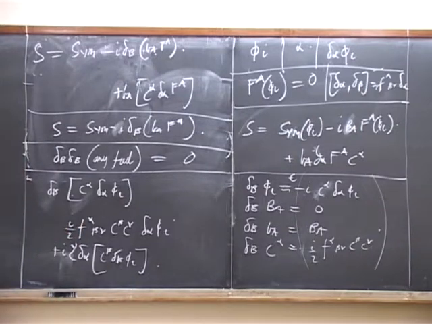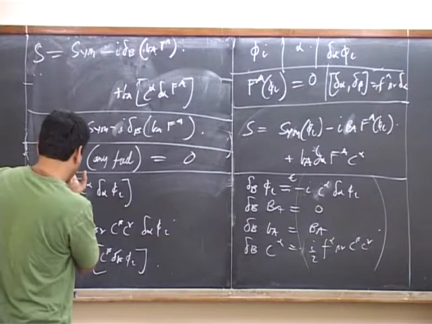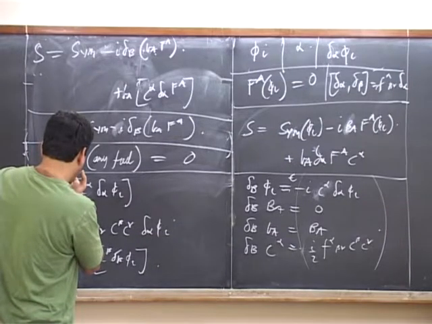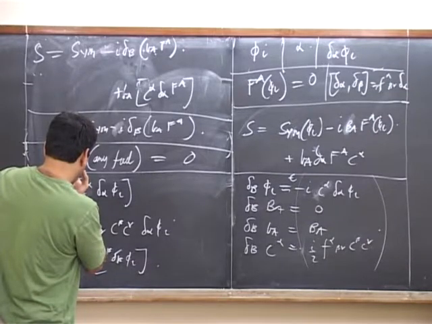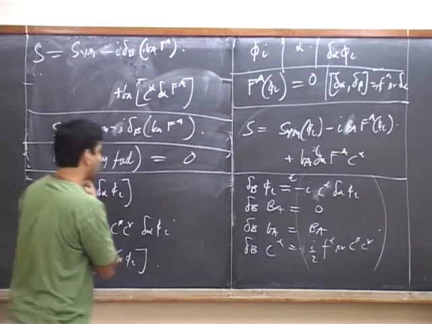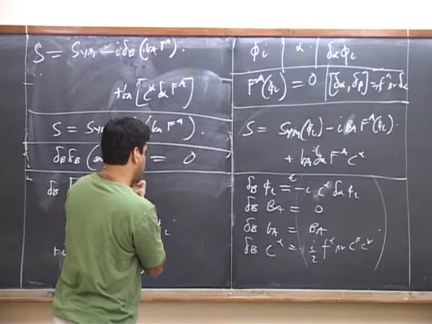Just let me take a look at that. The anti-commutator is symmetric under the indexing of the basis.